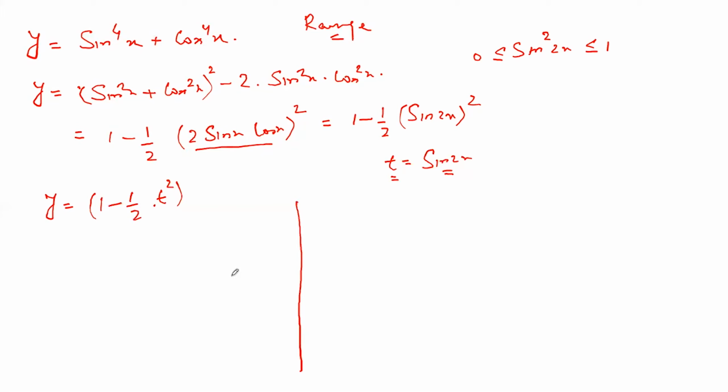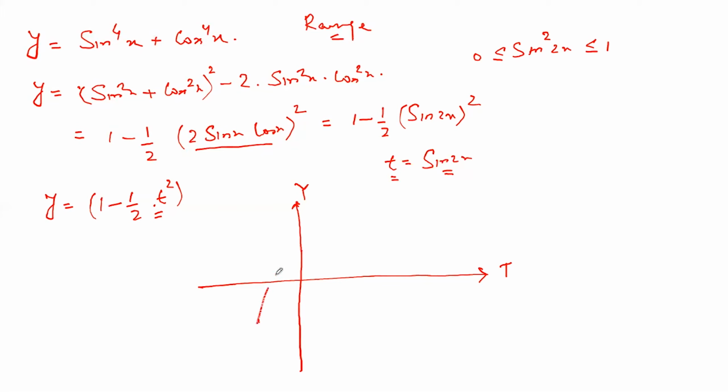Y-axis, x-axis. Y is equal to 1 minus t square by 2. So this is the y-axis. Now this will be the t-axis because we have to draw the graph for t. At 0, this will be 1. And the coefficient of t square is negative, so this is going downward.